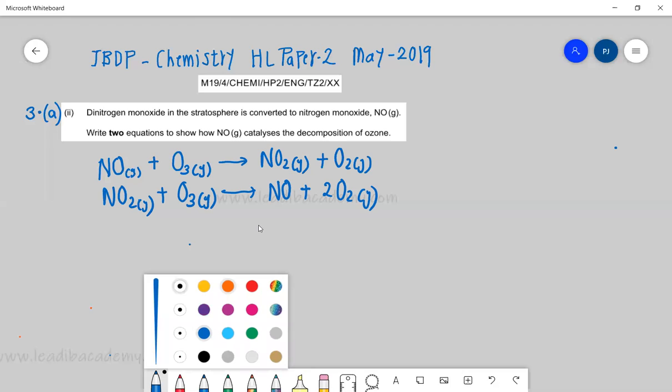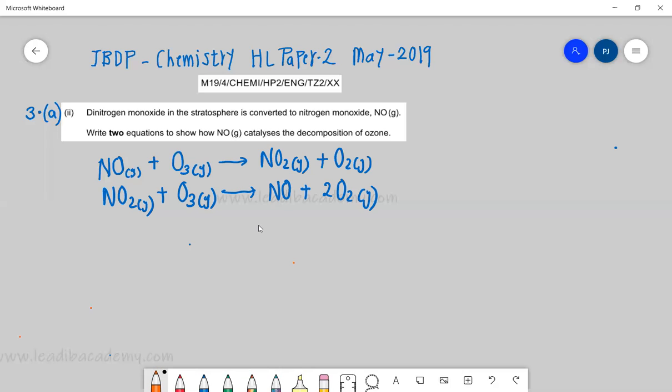Now interestingly, what do you see? The real interesting part is that NO, which took part in the first step, has been regenerated. It means that it will keep on destroying the ozone. We have already seen the importance of the ozone layer, because it prevents UVB, high energy radiations.